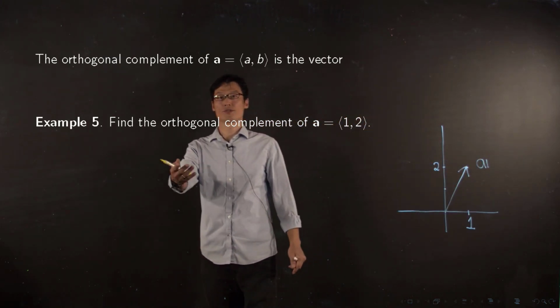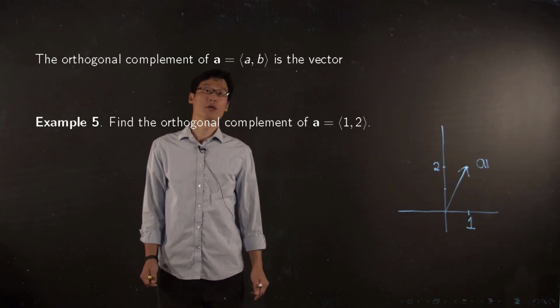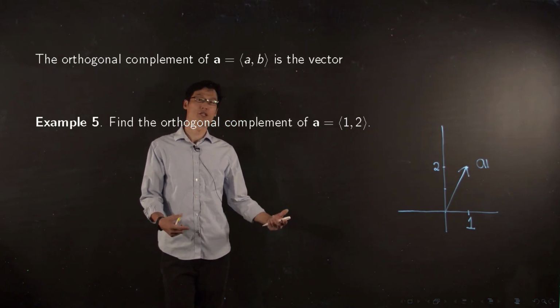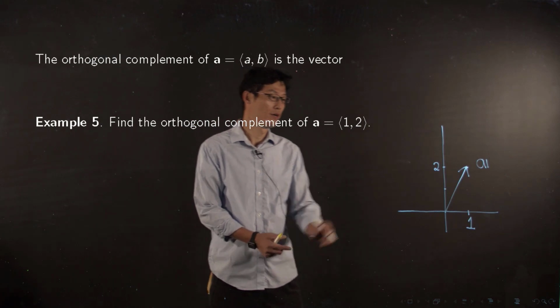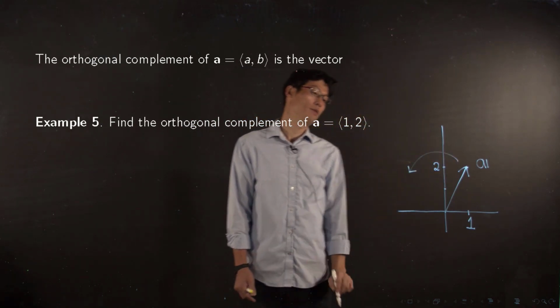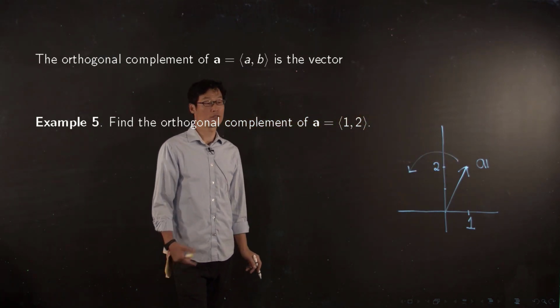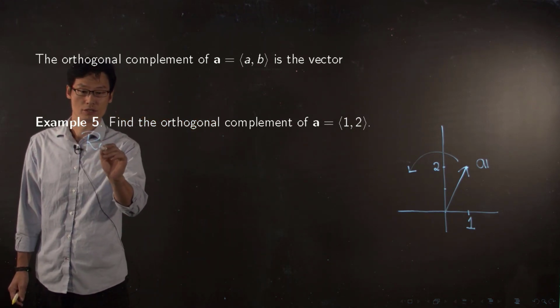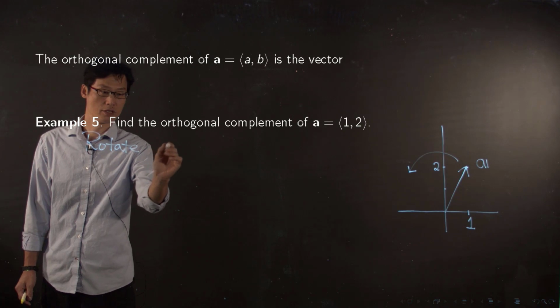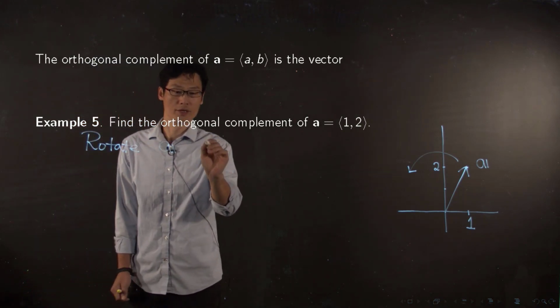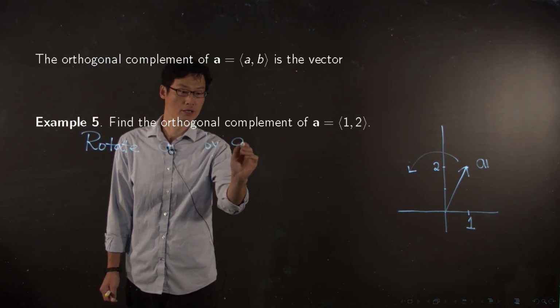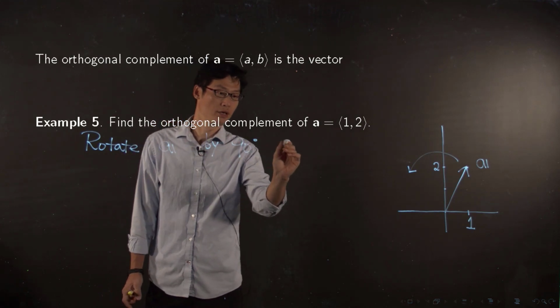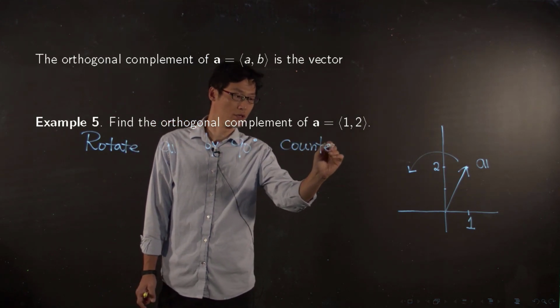For the orthogonal complement, what we want to do is rotate A by 90 degrees counterclockwise.